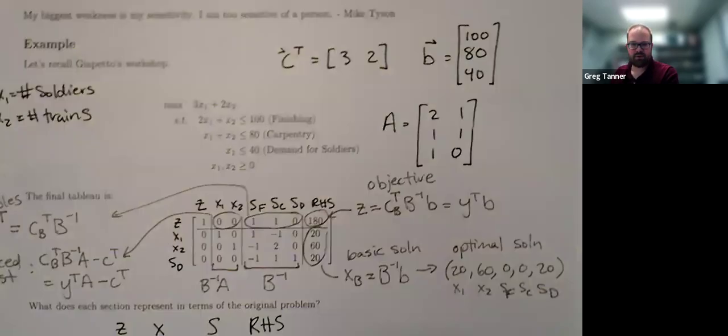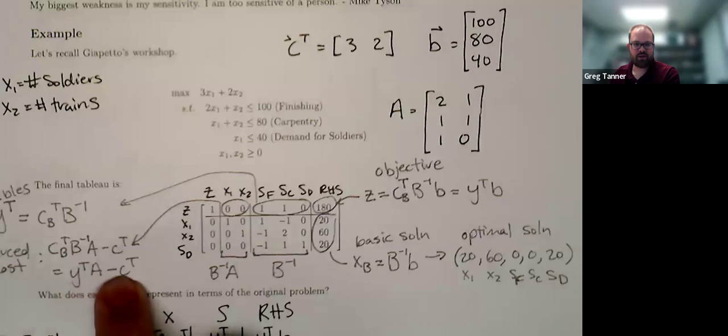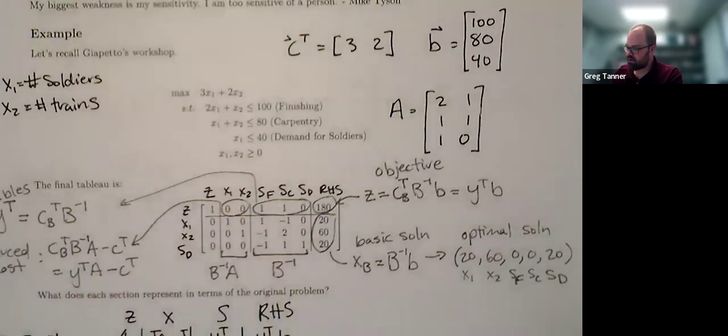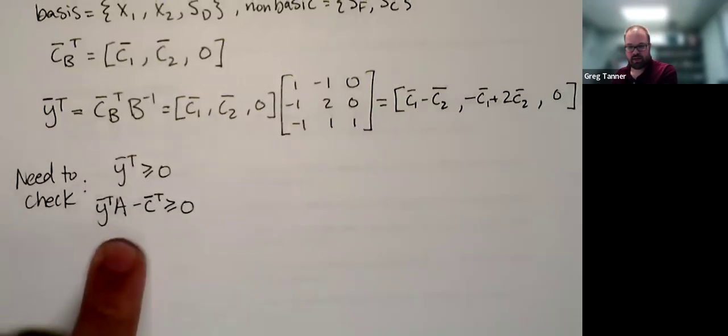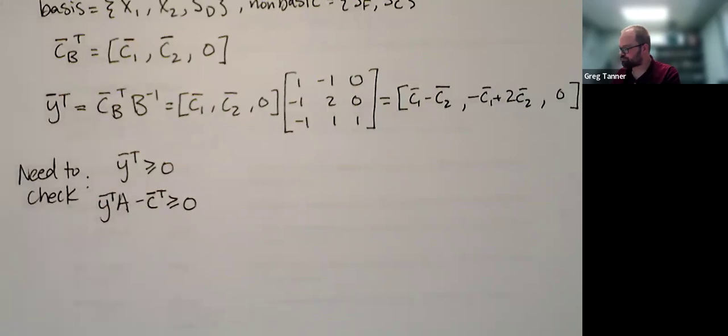Similarly, these two values, which are what we get from Y transpose A minus C transpose, are also locked in at 0 if we check them. So we only need to check the dual constraints, the optimality conditions, for the non-basic variables.